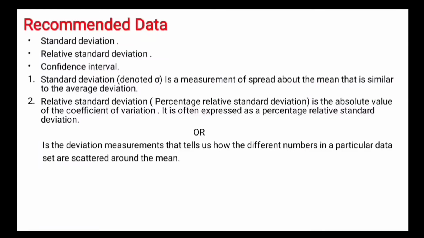Relative standard deviation, which is also known as percentage relative standard deviation, is the absolute value of the coefficient of variation, or it is the deviation measurement that tells us how the different numbers in a particular data set are scattered about the mean.